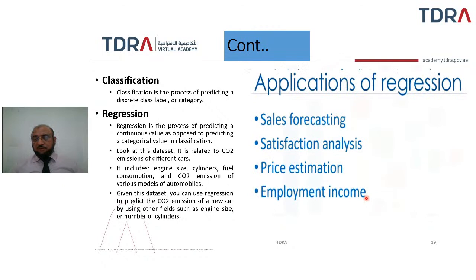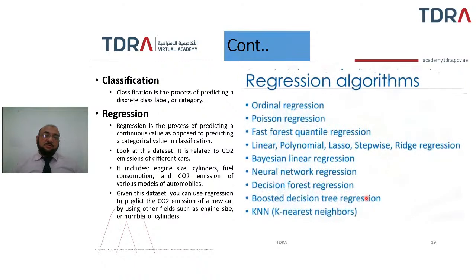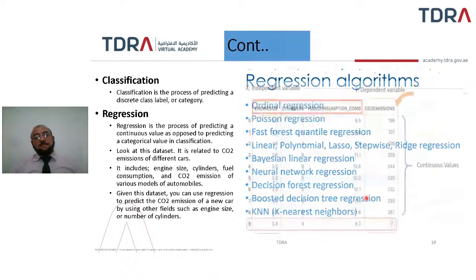Applications of regression are sales forecasting, satisfaction analysis, price estimation, and employment income. Then the regression algorithms are ordinary regression, Poisson regression, fast forest quantile regression, linear, polynomial, lasso, stepwise, ridge regression, then Bayesian linear regression, neural network regression, decision forest regression, boosted decision tree regression, then KNN, K nearest neighbors.